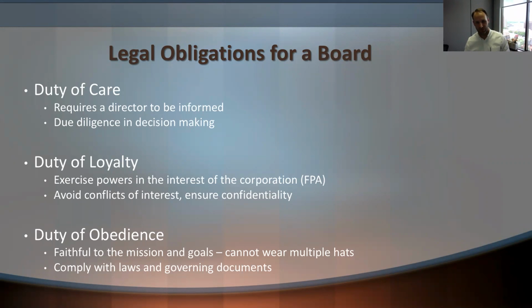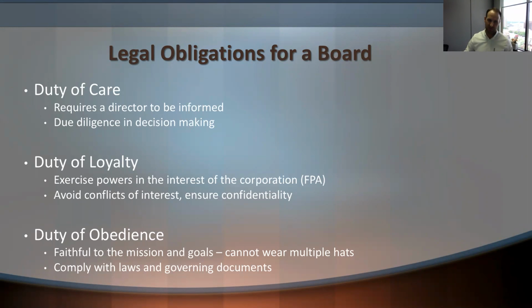The duty of loyalty basically means the board member needs to do what's in the best interest of the association, in this case, the FPA. They need to avoid conflicts of interest, and they need to ensure they maintain the confidentiality of information. Under the duty of loyalty, board members need to make sure that they don't use their position to further their personal interests.